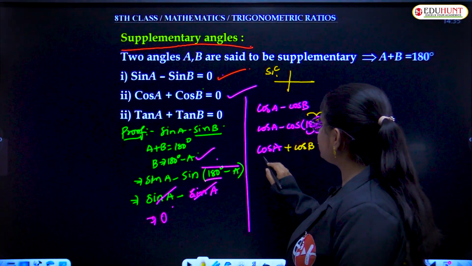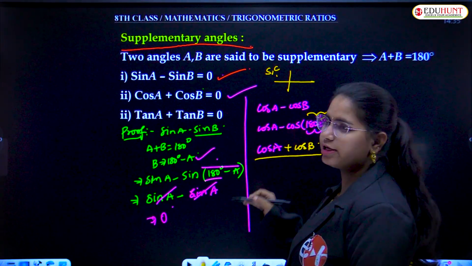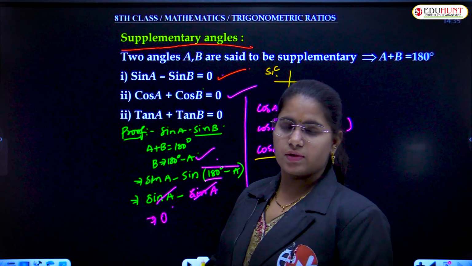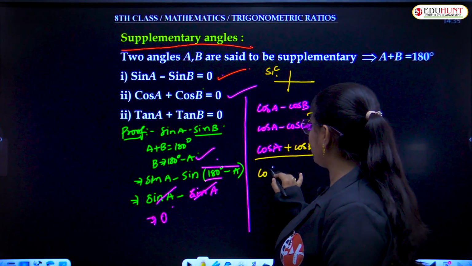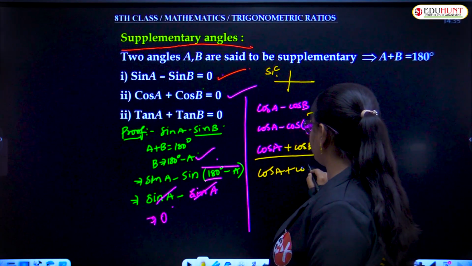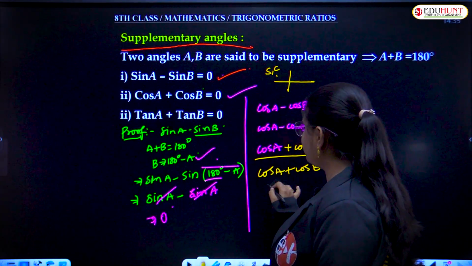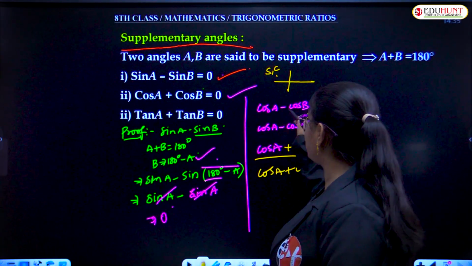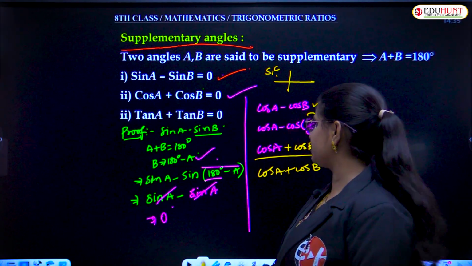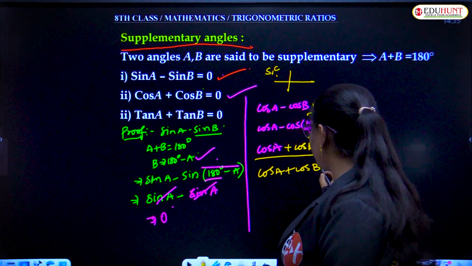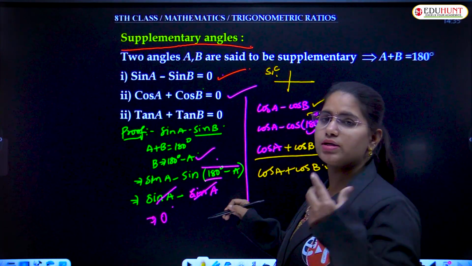And cos A minus cos B is not being cancelled. So let's check with cos A plus cos B. If I take cos A minus cos B, I am getting cos A plus cos A. Now if I take cos A plus cos B, what is the resultant?